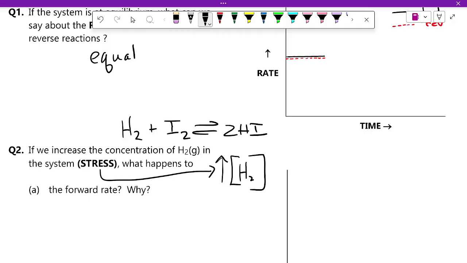Tell your partner, what happens to our forward rate when we increase concentration of H2? And if you figured out what it does, explain to your partner why it does that. Perhaps thinking about tomorrow's test.